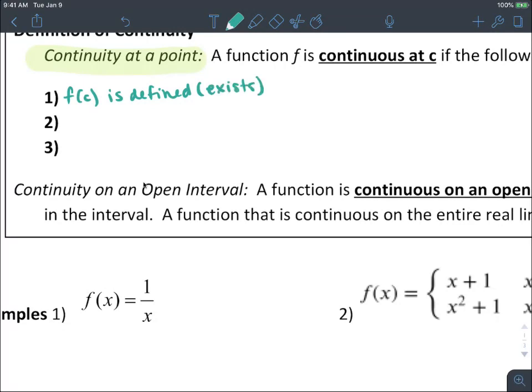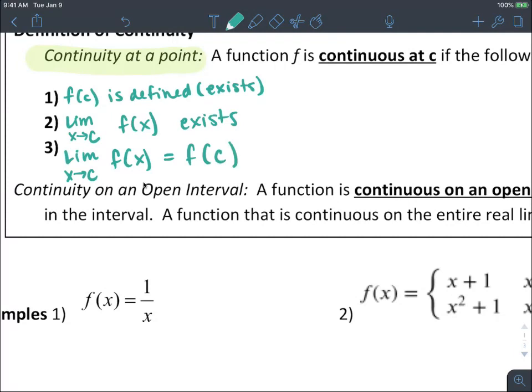Second, the limit as x approaches c of f of x exists. And third, the limit as x approaches c of the function is equal to f of c. This is the actual value equaling the limit value. So they have to exist, and then they have to equal each other. These are the three conditions.